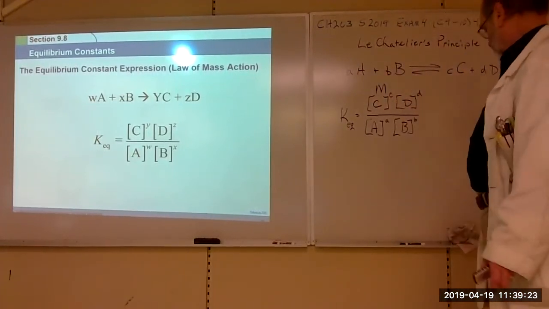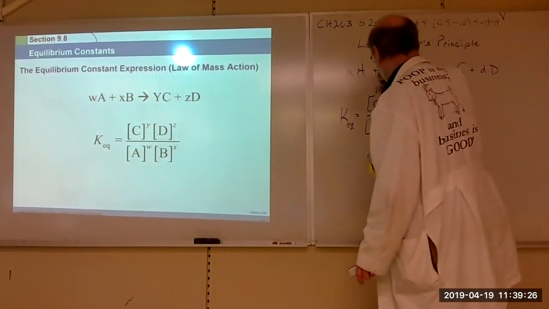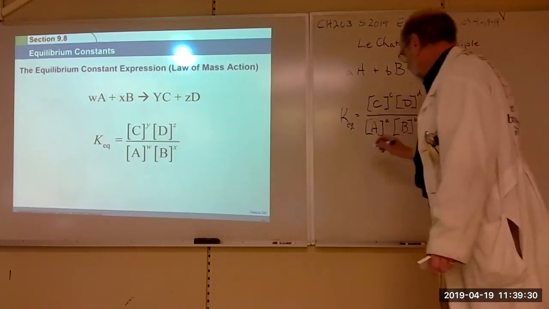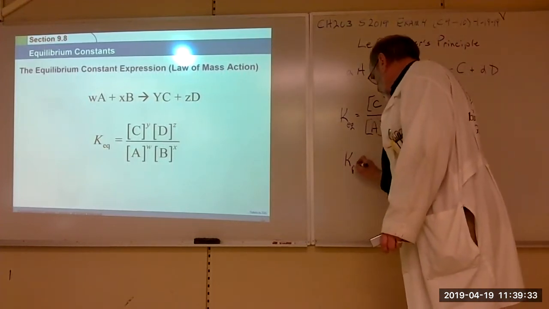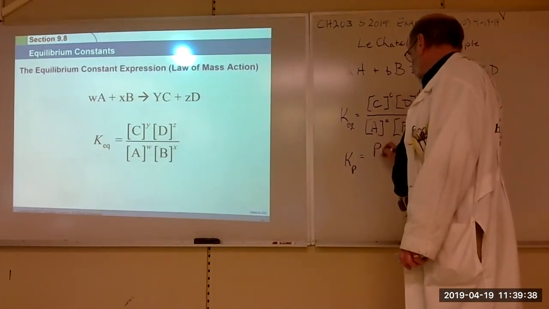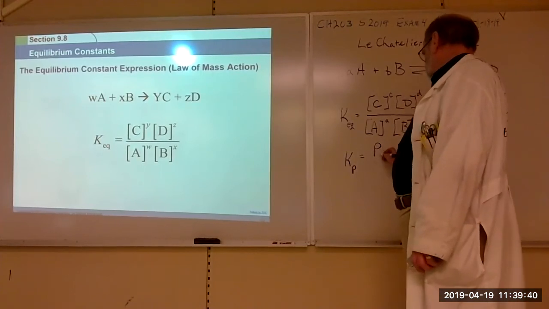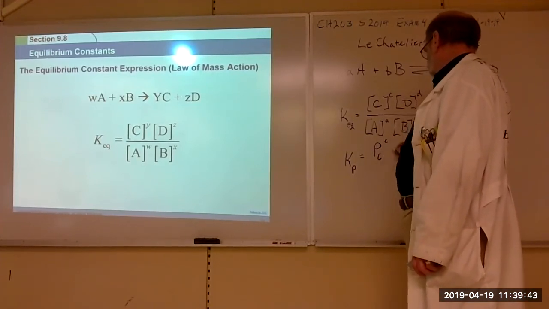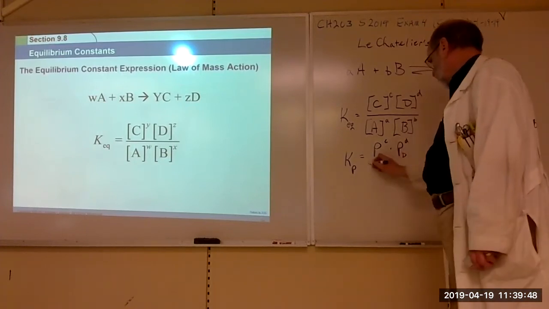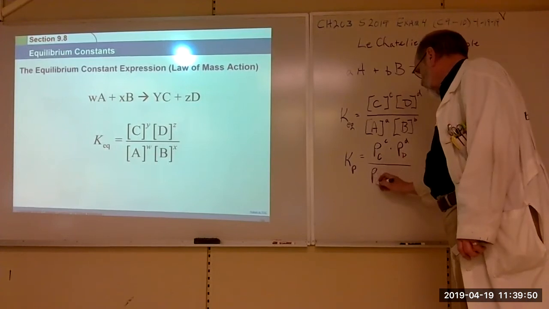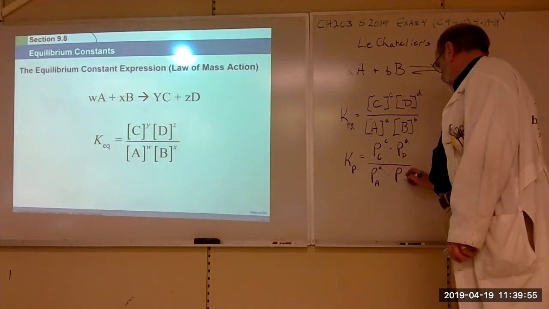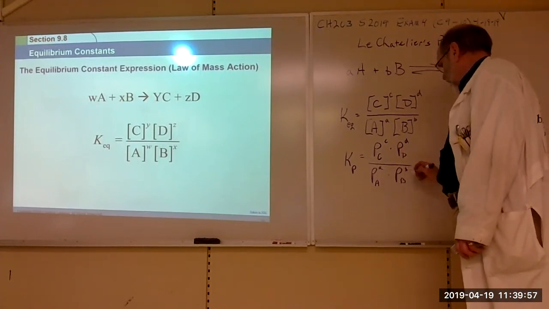But we could write this in terms of partial pressures. If those are gases, we could say Kp for partial pressure, and then it would be the partial pressure of C to the C power times the partial pressure of D to the D power divided by the partial pressure of A to the A power times the partial pressure of B to the B power.